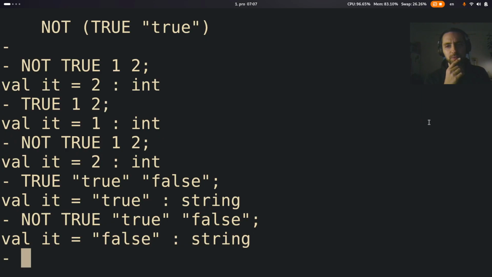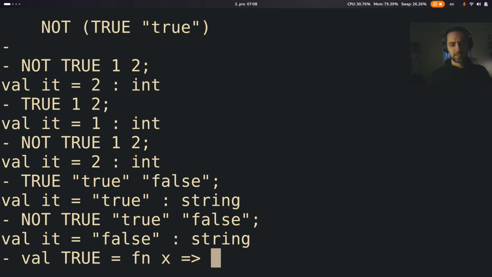Oh, we're supposed to define and. So I think I have now more context to define and. So right, we had val not. Let's do it again. Wait a second, I think we have to do this. So let's try again. Val true is a lambda x, lambda y, x, right?